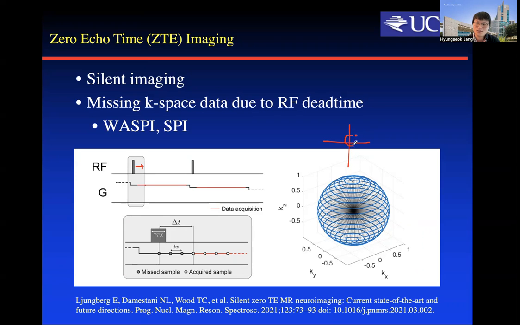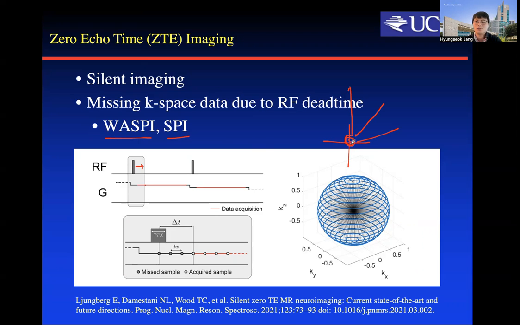You're missing the central area because we start encoding after a certain location, so it causes this missing spherical area in the center of k-space. So people have been using the WASP technique and the single point imaging technique to fill this missing data.